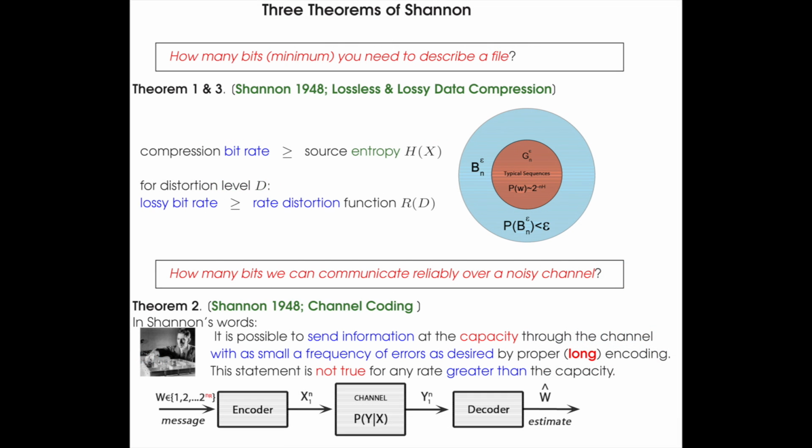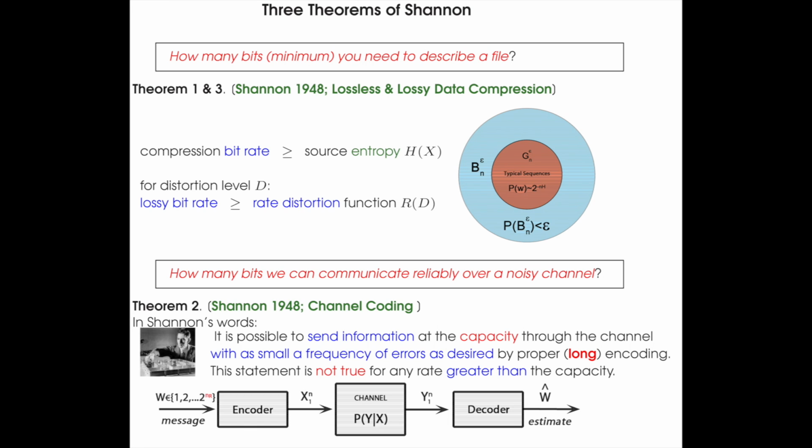The second question, which is even more profound, that he asked is the following. When I transmit bits between 2 fixed points, how many bits can I transmit when I know that between these 2 points there is a channel that is noisy and corrupts? Let's assume that at the input I have n binary bits, 0 and 1.